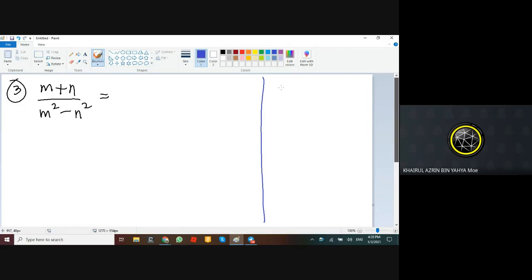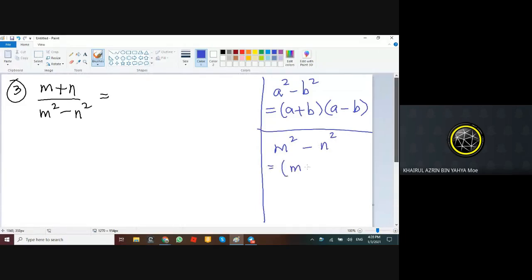So if you still remember, a square minus b square, this one can put two brackets, become a plus b, a minus b. If you still remember that one. Okay. So same case with this one. For m square minus n square, this one we can factorize to become m plus n, m minus n. And this is from the previous week's exercise, last week.